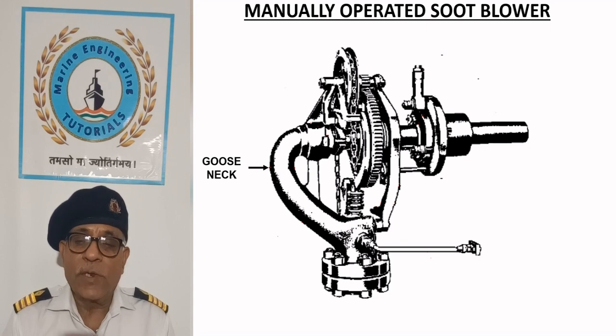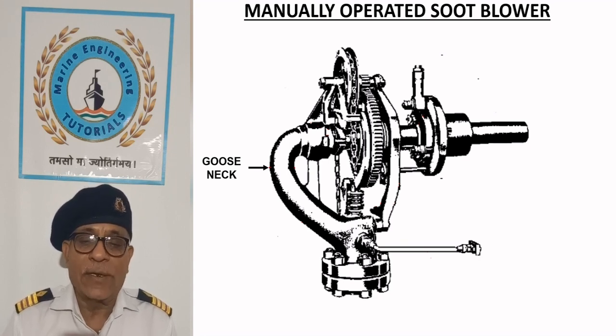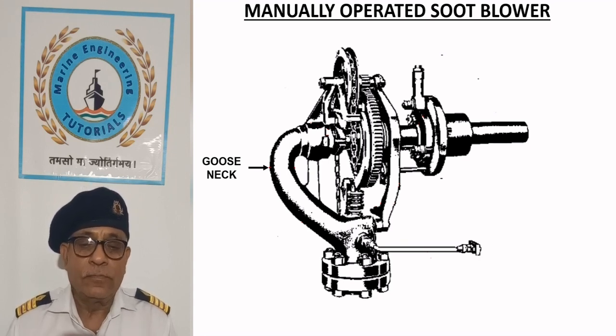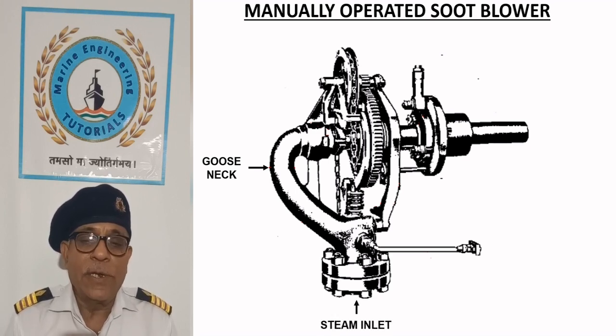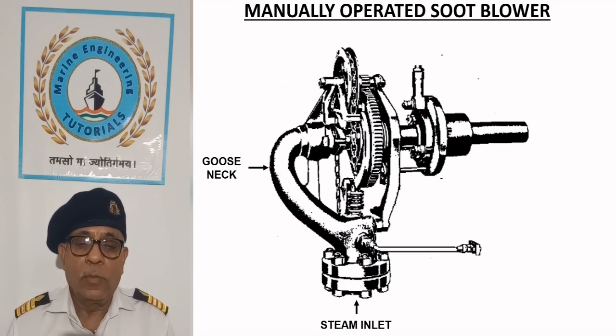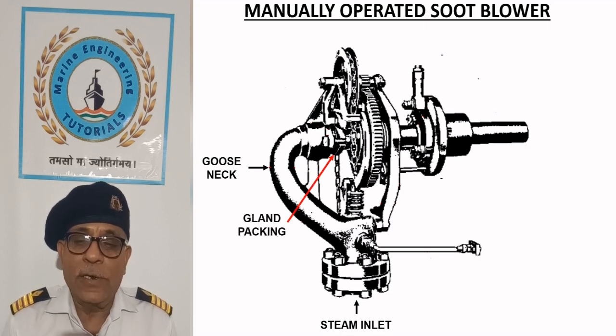Steam chest is formed by the gooseneck. Steam is supplied by the inlet valve. Soot blower tube is connected through gland packing, which prevents the leakage of steam.